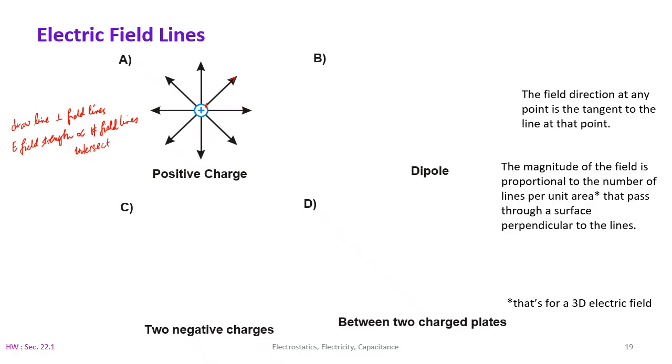So let's say I'm interested in close to the positive charge, so I'm going to draw a curved line. You can see it's at right angles to that field line, and that field line, and that field line.